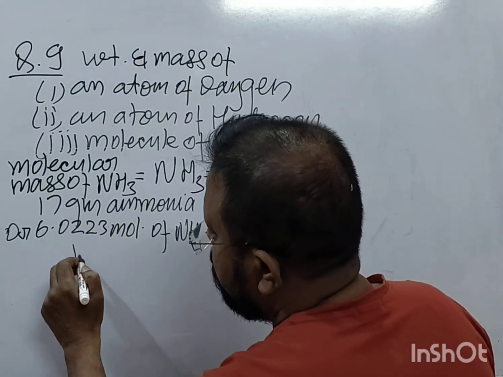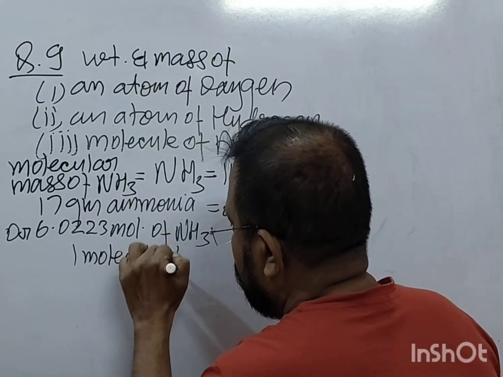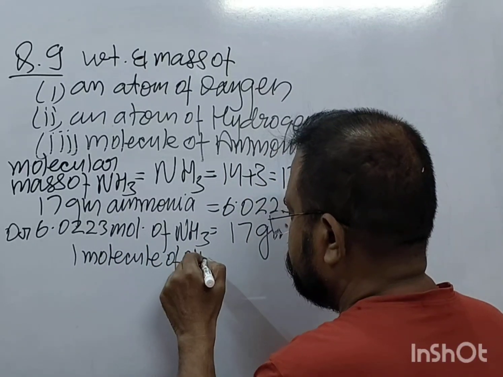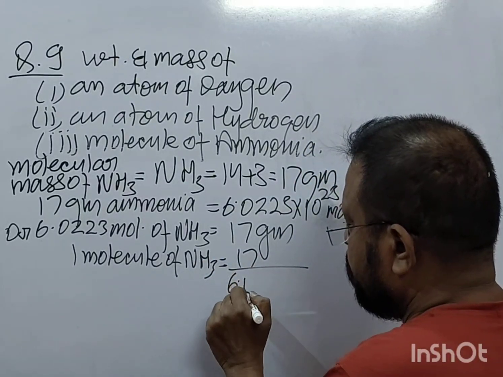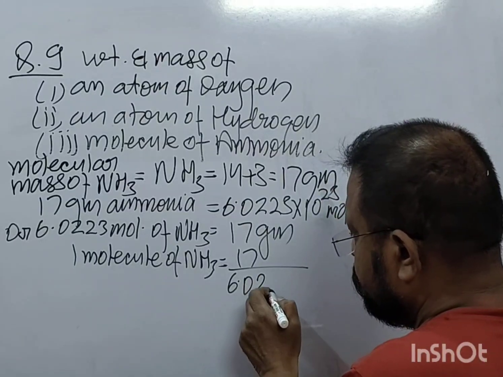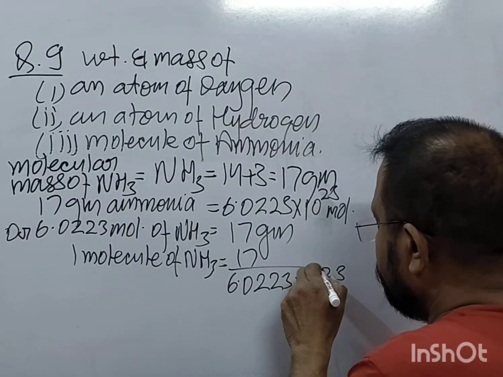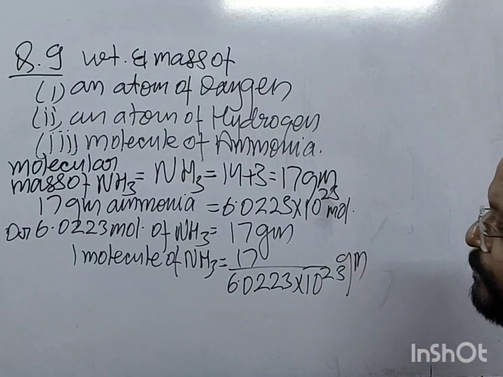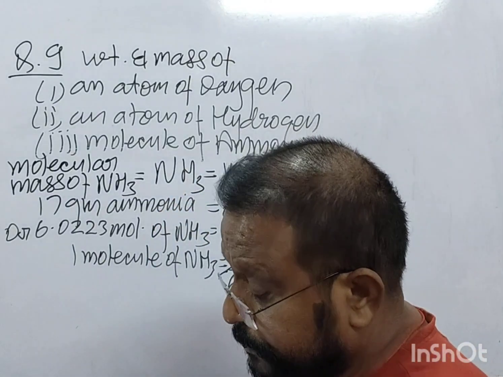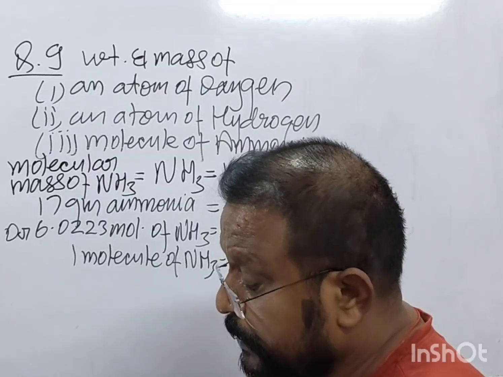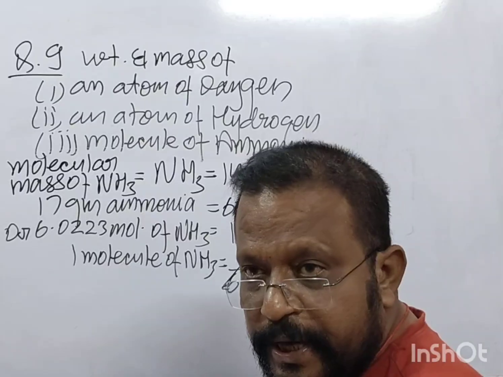So one molecule of ammonia is equal to 17 upon 6.0223 into 10 raised to the power 23 gram. How much do you get? Seventeen divided by 6.0223 is 2.82.